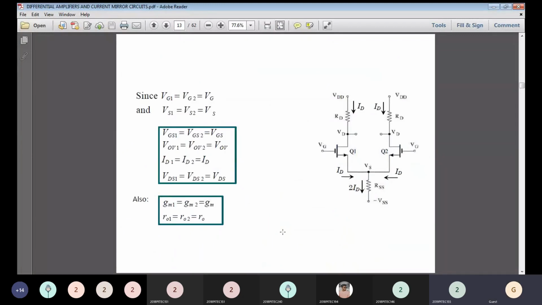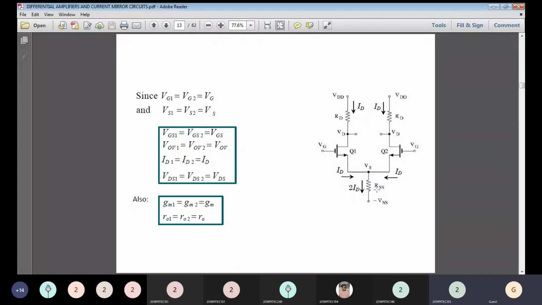While doing this analysis, here is the drain current ID flowing, and this is the other ID current. Both ID values are joined here through a resistor RS, so the total is ID plus ID, two ID. So what happens to the VG value?